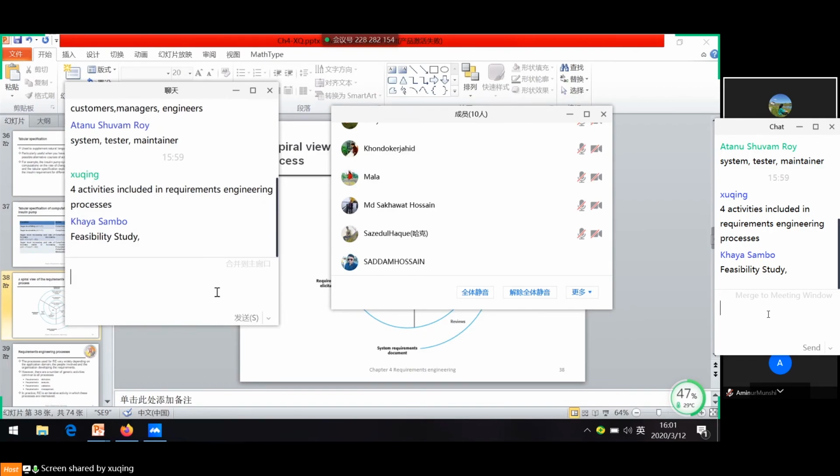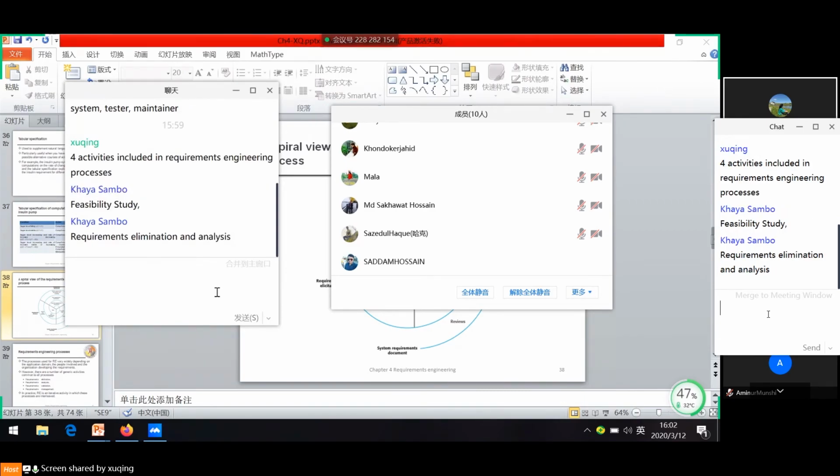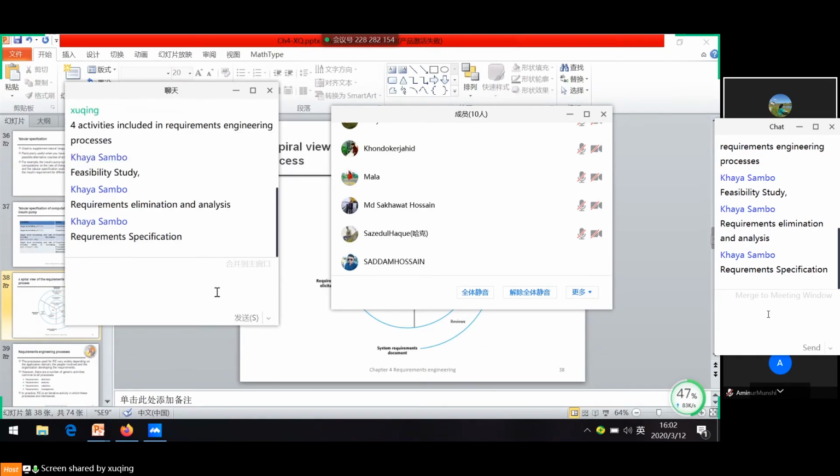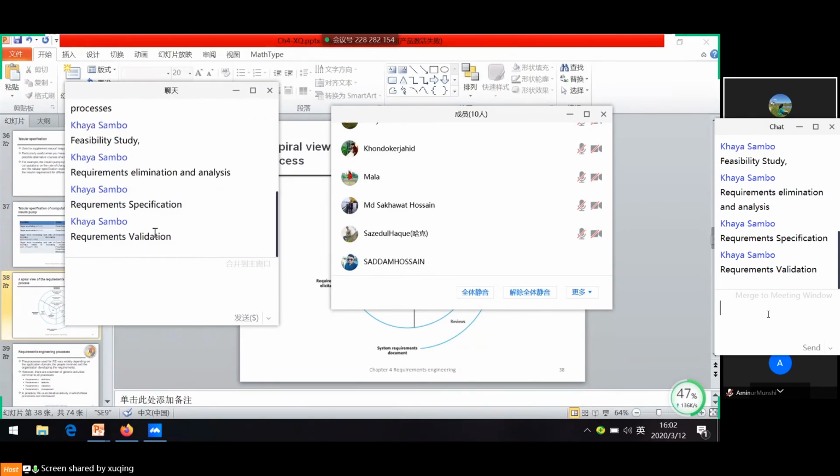This is the first activity, and the others: we discover the requirements. Requirements elicitation, I think. Yeah, requirements elicitation and analysis, requirements specification, and requirements validation.